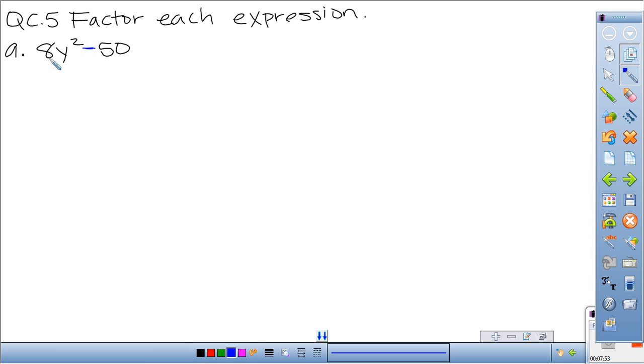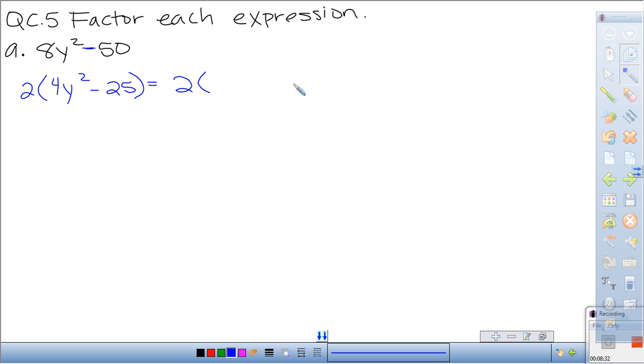What's the common factor that 8 and 50 both have? Well, 2. You can pull out a 2 from 8y squared, and it becomes 4y squared. 2 times 4y squared is 8y squared. And 2 times negative 25 would give us negative 50. Now you see by pulling out that common factor of 2, we have created the difference of two squares, and we can use our rules.